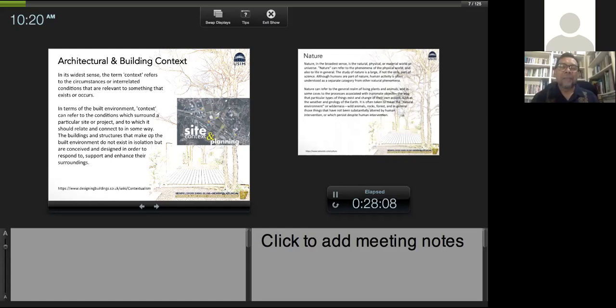So when we say building context, it is actually how the architect or the designer should design just appropriately for that particular location. Where should be the entrance?